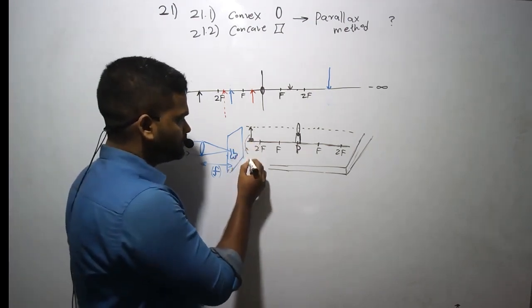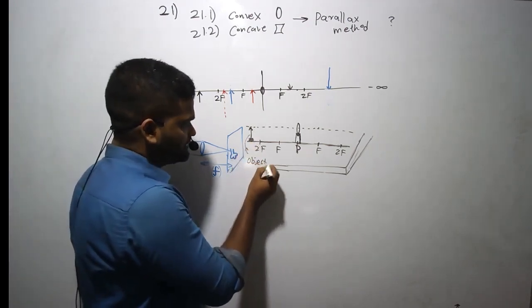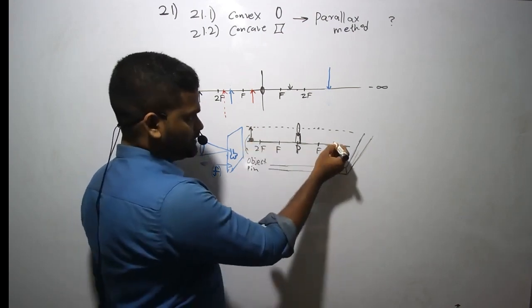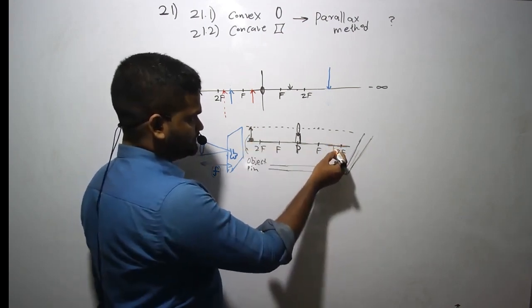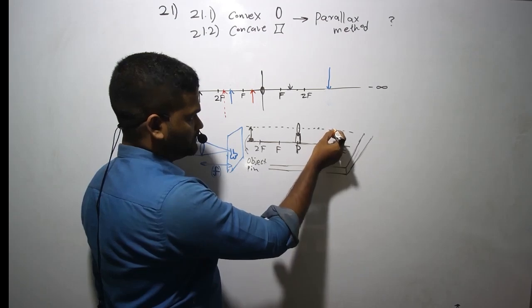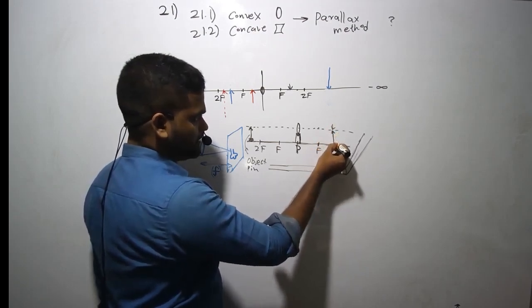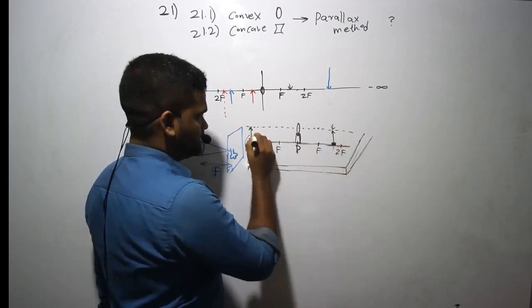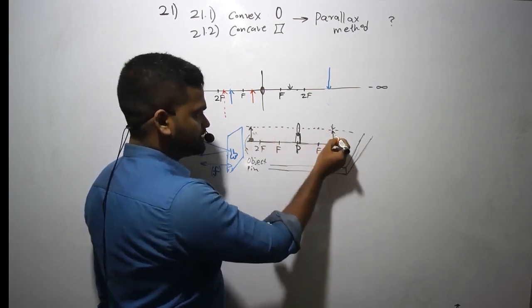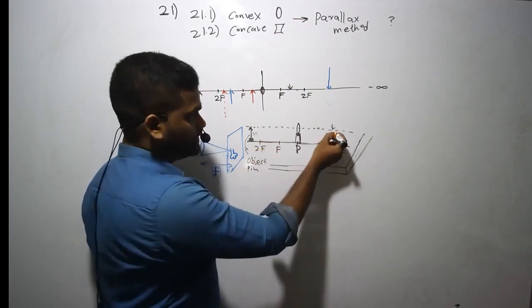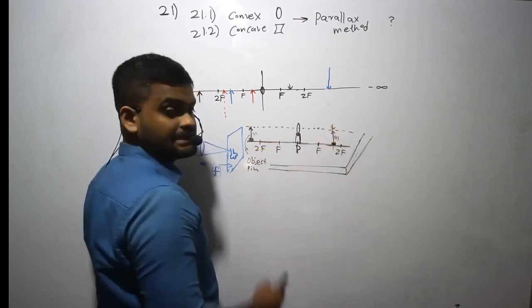This one we call the object pin, and the image of this will be created somewhere here like this. Then you can place a second pin. So this is the first optical pin, and this is the second optical pin. You can place the second optical pin to locate this image.